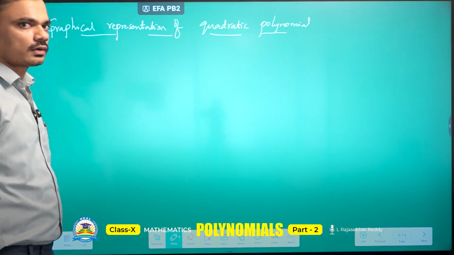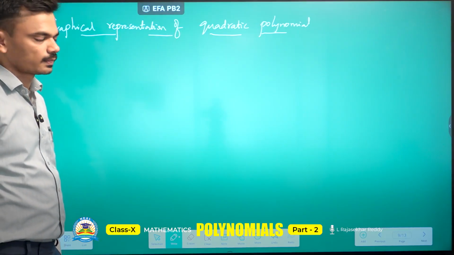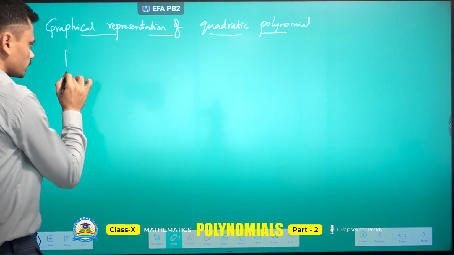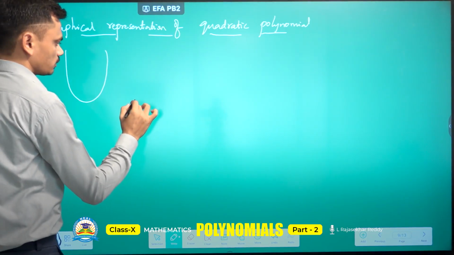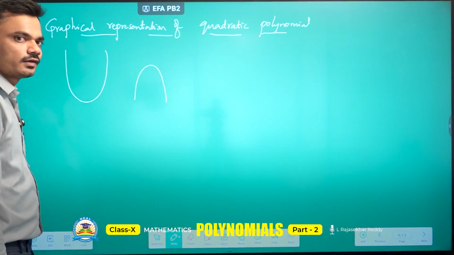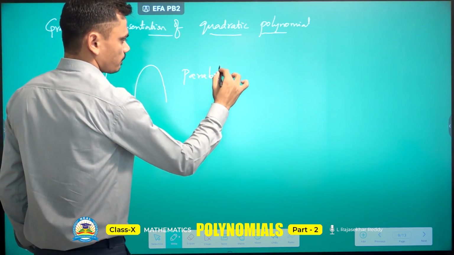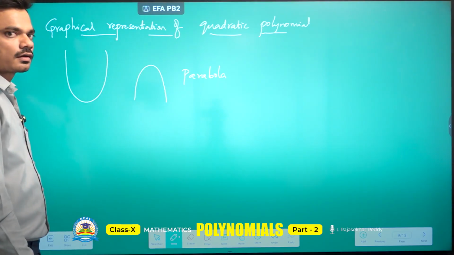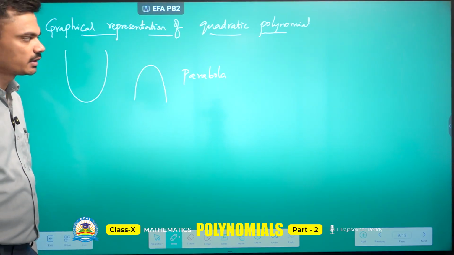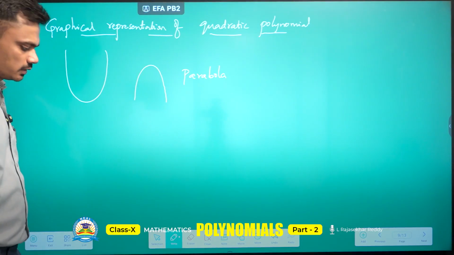See, any quadratic polynomial, if you take, you will get the graph like this or like this. We can call it parabola. The graph of quadratic polynomial is nothing but parabola. Okay.